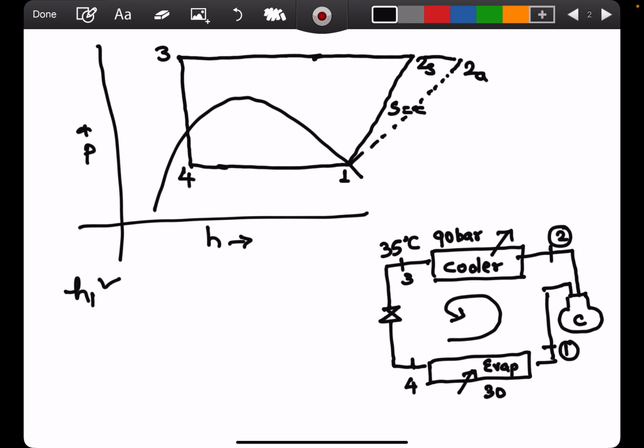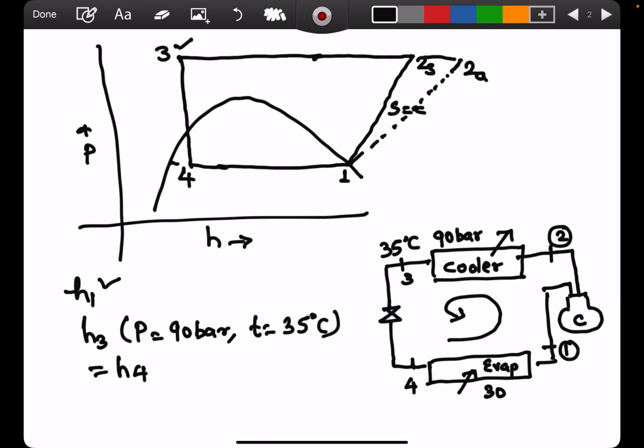From the pH diagram, you can find this enthalpy H3 because you know the pressure, which is 90 bar, and you know the temperature, which is 35 degree centigrade. So from the pH chart you can easily find H3, and that H3 has to be equal to H4 in the throttling device.